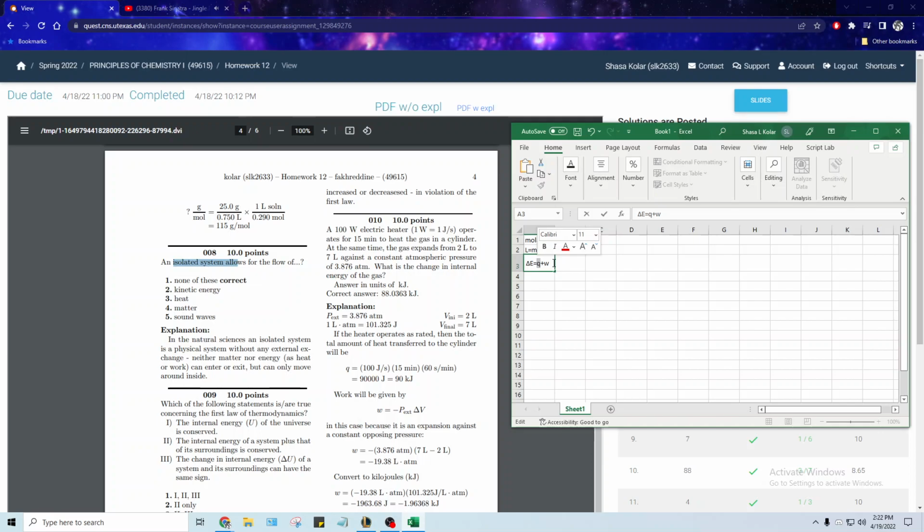It's doing work. If it gets pushed in, it gets smaller, our system gets smaller, or work is done on it in some way, energy is going in. So W would be positive in that case. If we put heat in and the system does work, then Q is positive, W is negative.